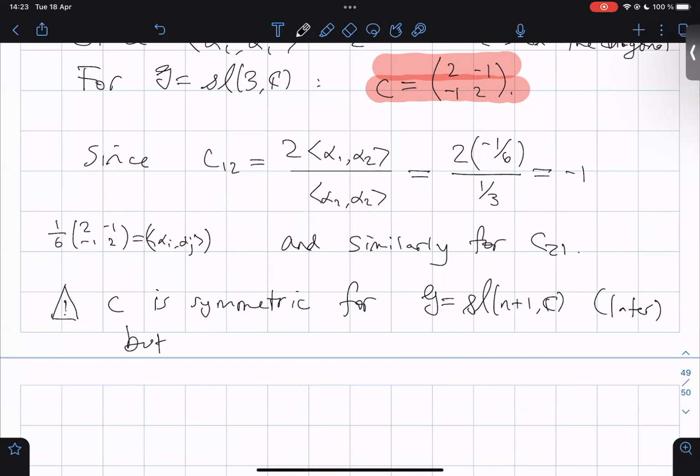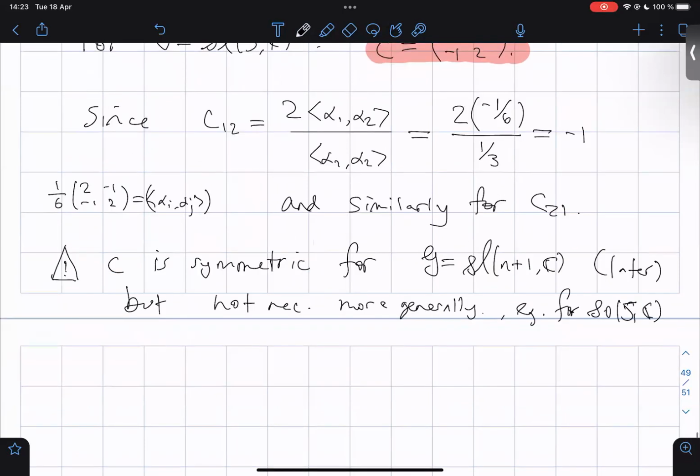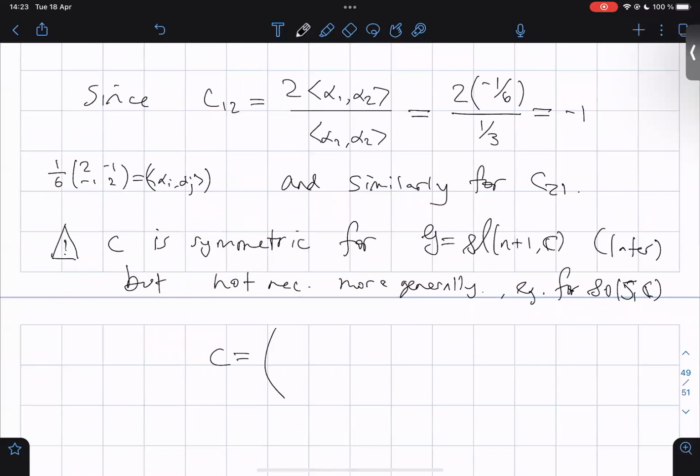But not necessarily more generally. For example, for SO5C, here's a Cartan matrix: 2's on the diagonal, 0's over there, minus 2 over here, minus 1 over here.